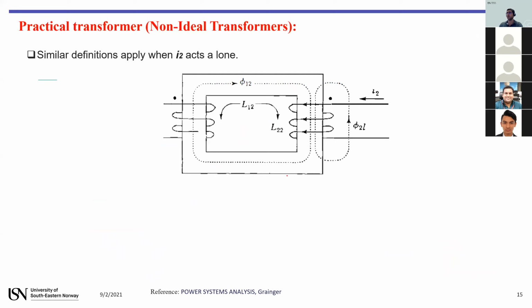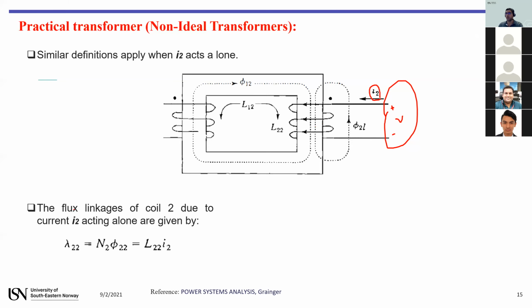In this case, suppose that you have just a voltage source here and you apply voltage, but this part is open circuit. You have voltage here and you have current I2. So we want to evaluate what will be the flux linkage when you have the current just in the secondary winding.